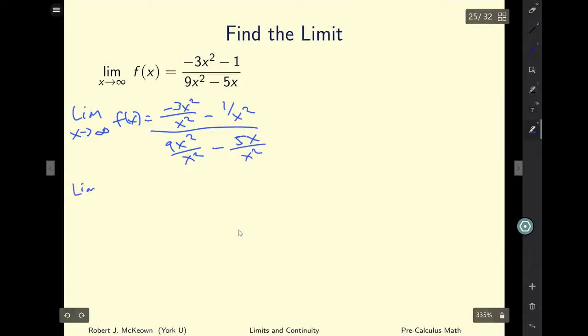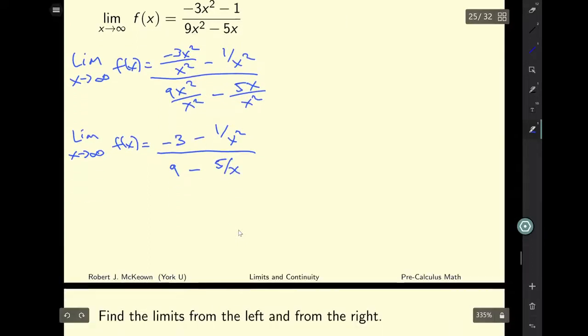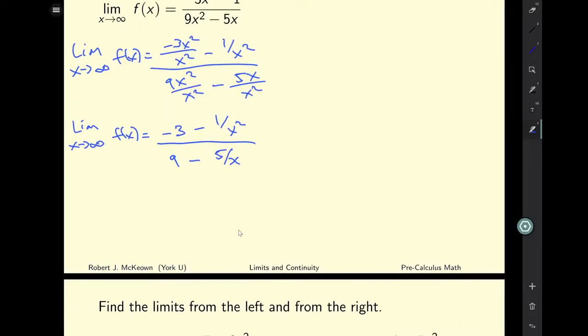Now I'll do some simplifying. And we've got negative 3 minus 1 divided by x squared, no change there, divided by 9 minus 5 divided by x. So we've simplified it as much as possible.